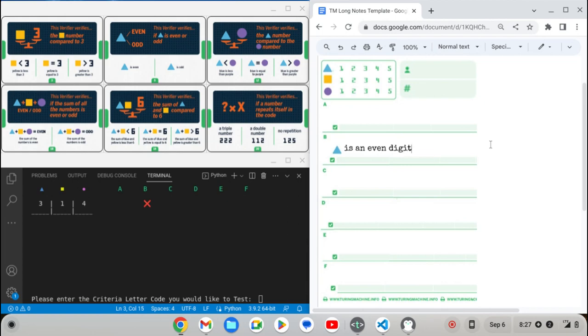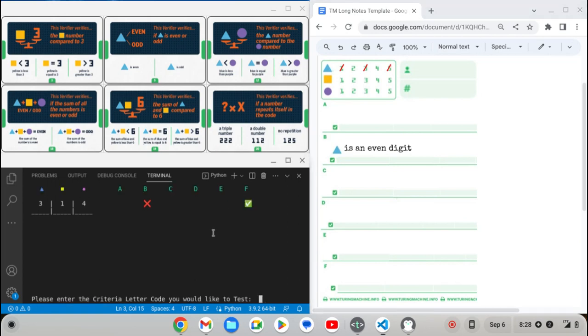And since it is even, that means I can cross out all of the odds. So cross out 1, 3, and 5.